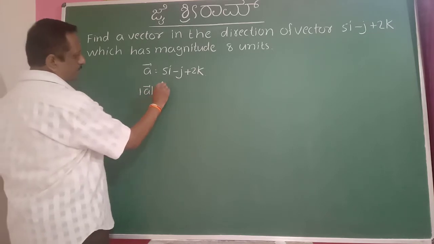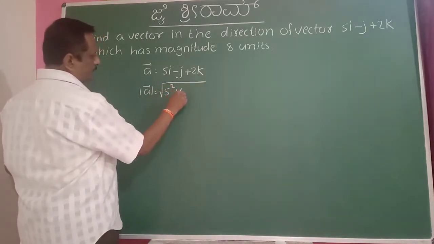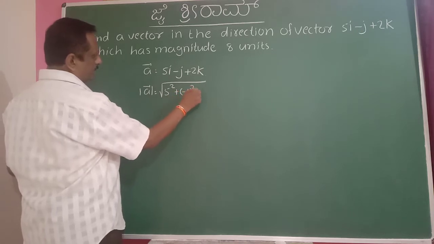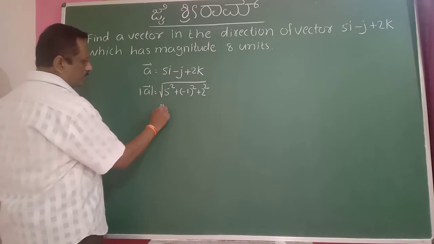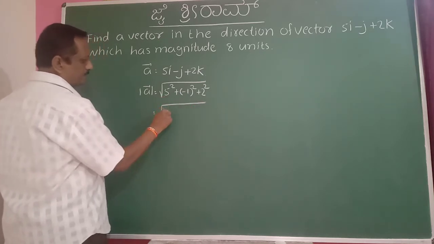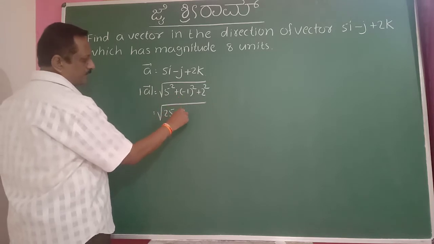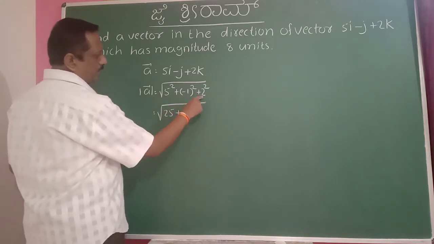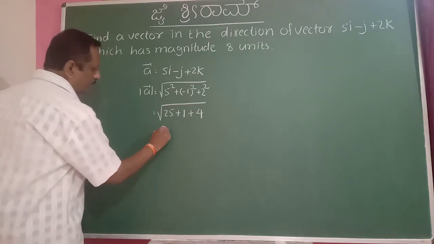The modulus of a bar is the root of 5 squared plus (minus 1) squared plus 2 squared. Root of 5 squared is 25, minus 1 whole squared is 1, and 2 squared is 4. Therefore it gives root of 30.